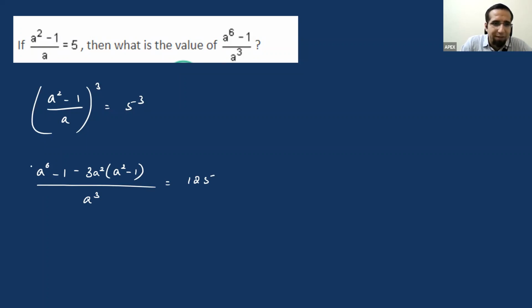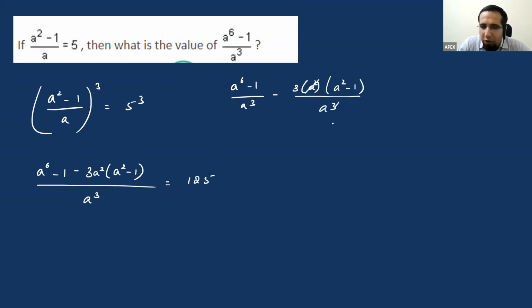Clear, guys? So if I simplify this, I want only this part of the question. So if I simplify this, a to the power 6 minus 1 by a cube minus, I'm looking at this as 3a square into (a square minus 1) divided by a cube. So a square and a cube will get cancelled.